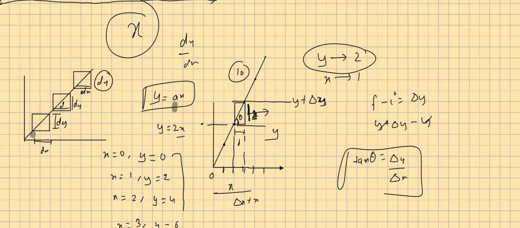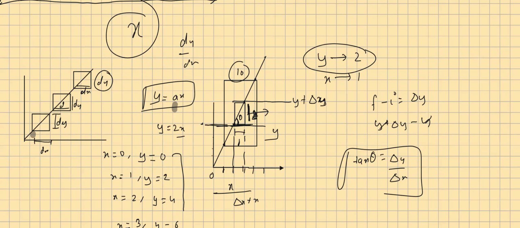Even if I take this bigger diagram from here, my answer won't be changing. If I take this one, what was the value over here? This is the value of y, right?